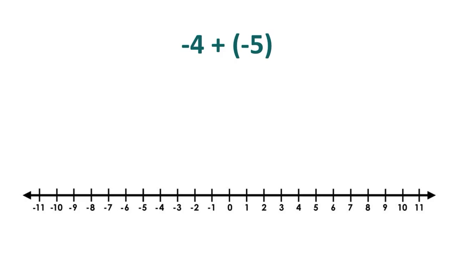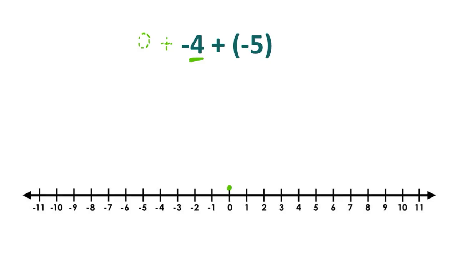Right, now -4 can be a starting point on my number line, or I can add an invisible plus and 0 to help me get started. Right, so 0 is my starting point on the number line. I am looking at my second integer, the next integer after 0, to show me which direction I'm facing.